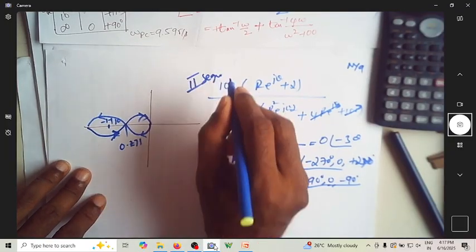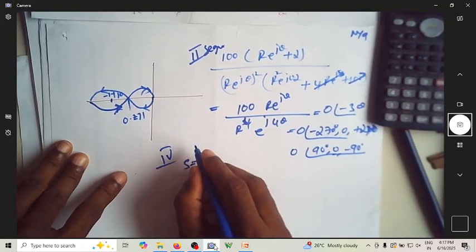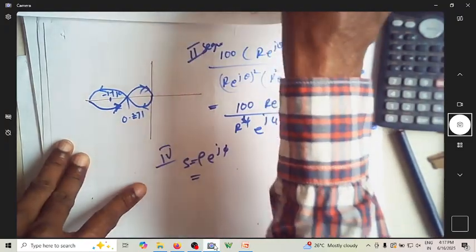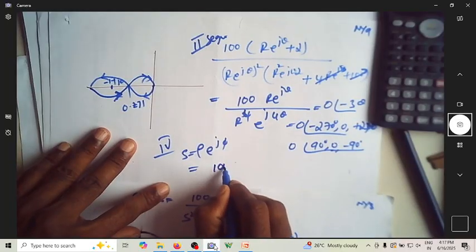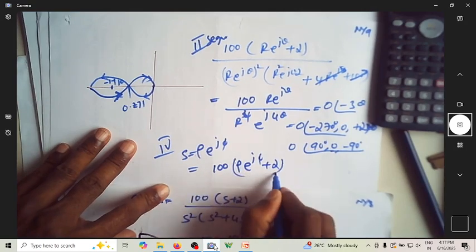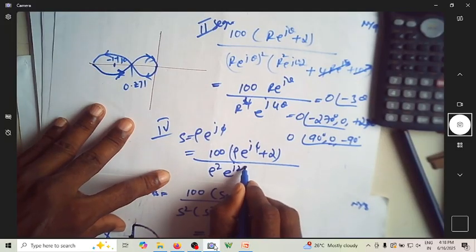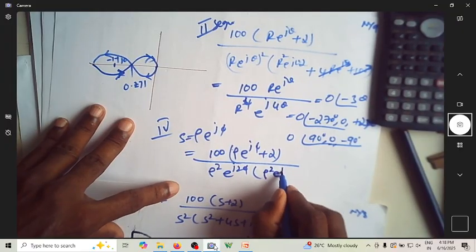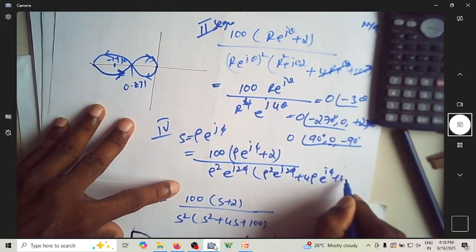How about the fourth segment? Fourth segment is S is rho e power j phi. Take this equation. As per this equation, now it will become 100 rho e power j phi plus 2 divided by rho square e j 2 phi, this is rho square e j 2 phi plus 4 rho e power j phi plus 100.